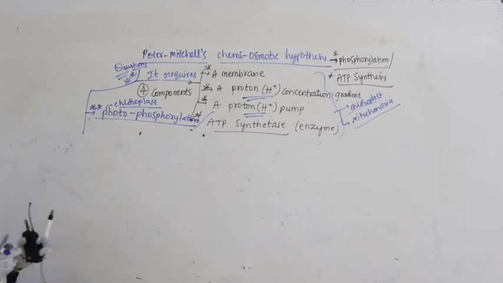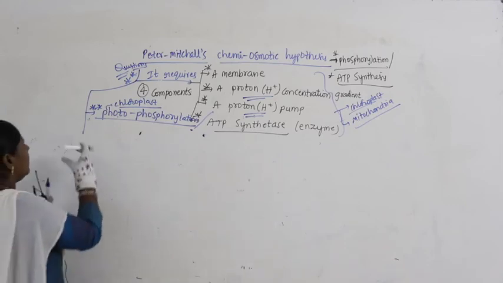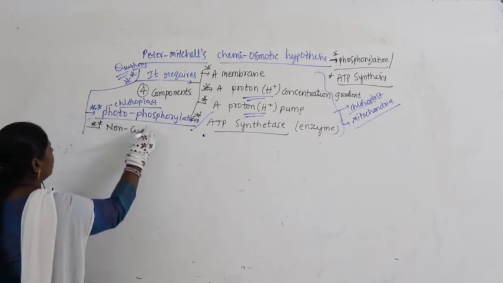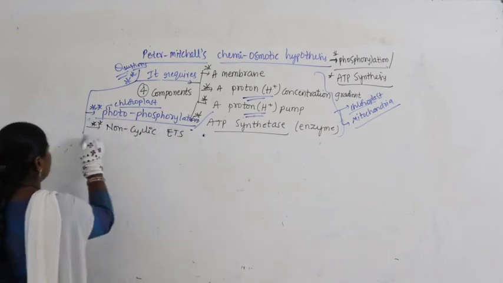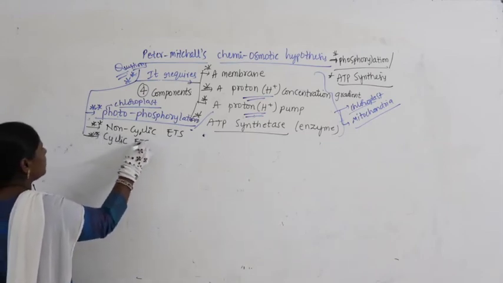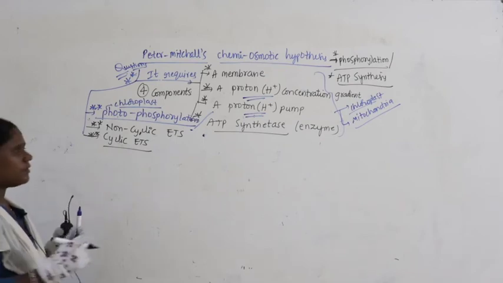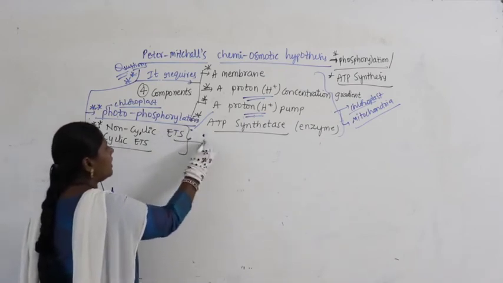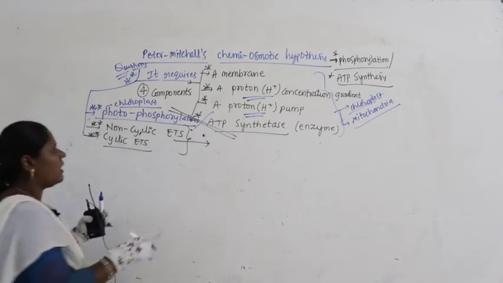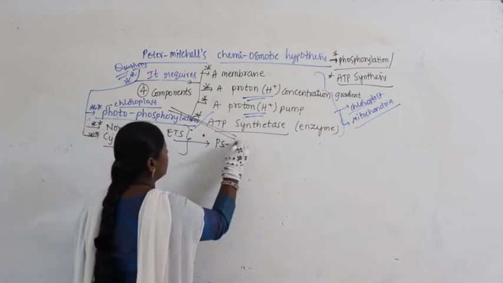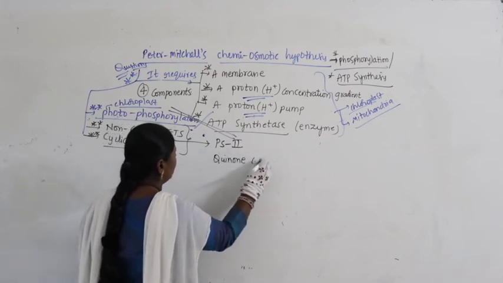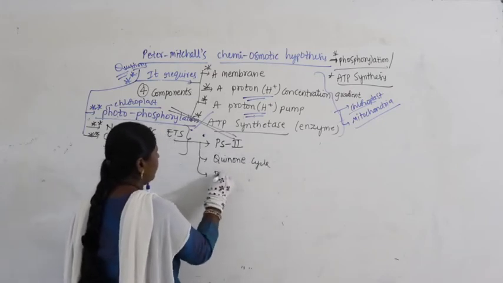It occurs in the non-cyclic electron transport system and also during the cyclic electron transport system. So what are the things, apart from the four, that are very much required? Apart from this, what you have to remember here is photosystem 2, the quinone cycle and photosystem 1.